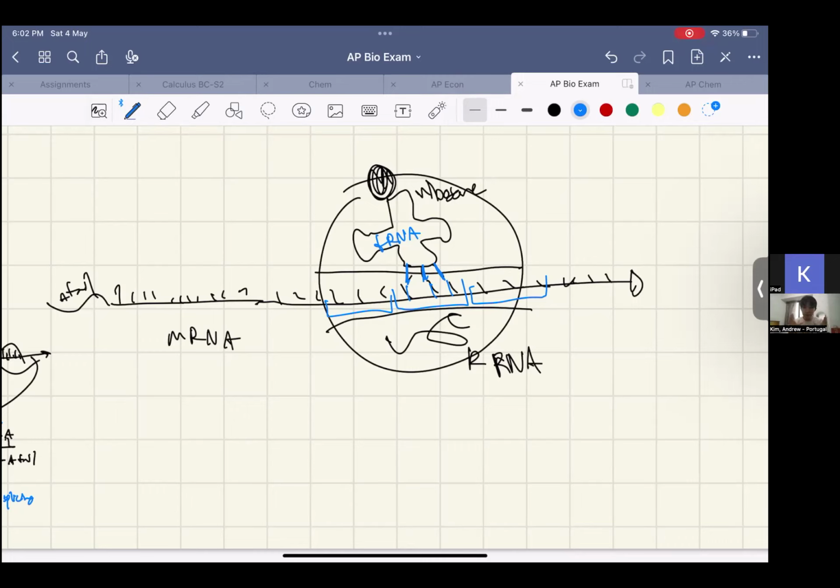There are a lot of different types of tRNA, and the tRNA that has the matching 3-nucleotide set will come and stick to this part of mRNA and bring a corresponding amino acid.